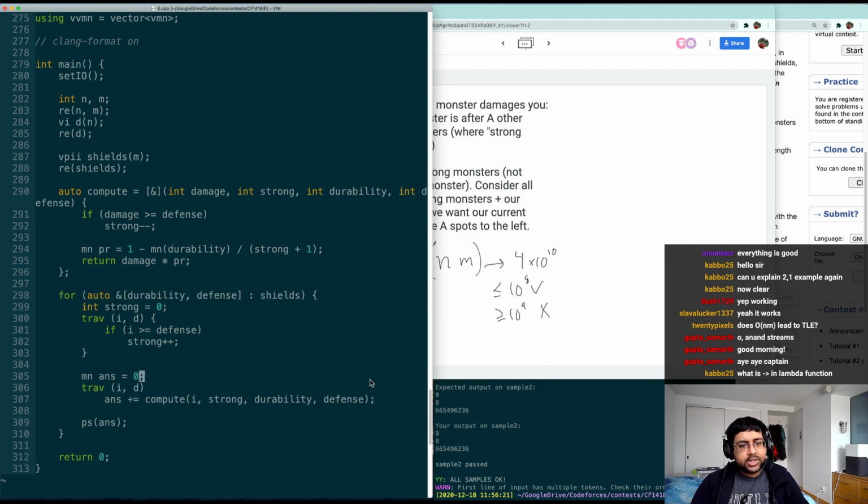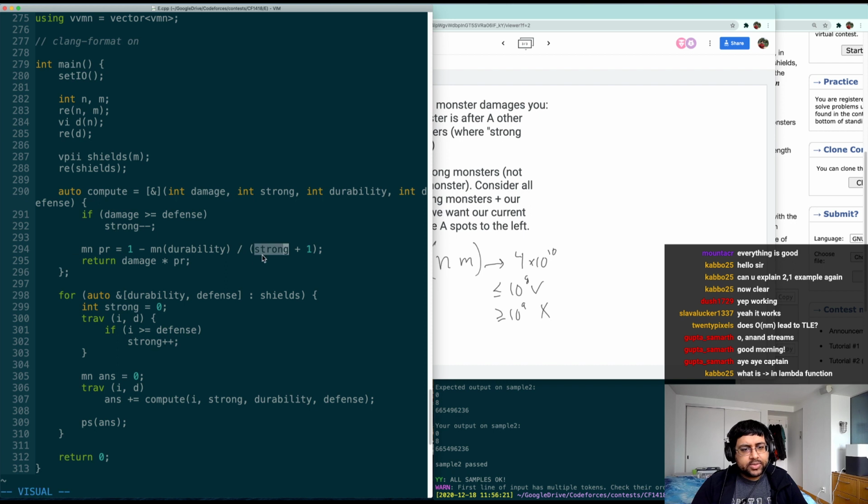Instead, I'm kind of interested in seeing the monster's contribution to every shield at once. And the reason for that is because this contribution will be almost the same for a bunch of different shields.